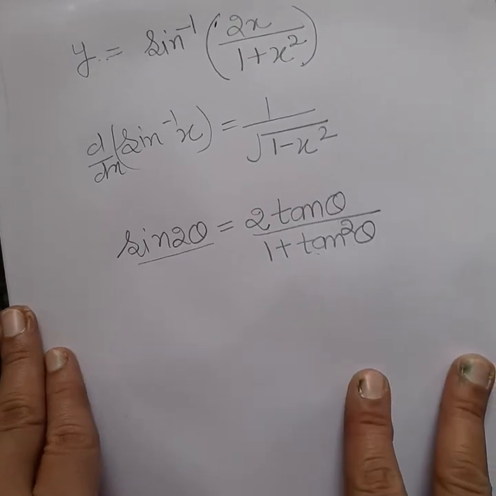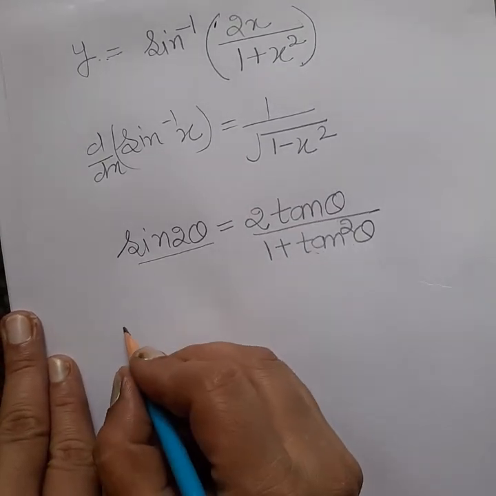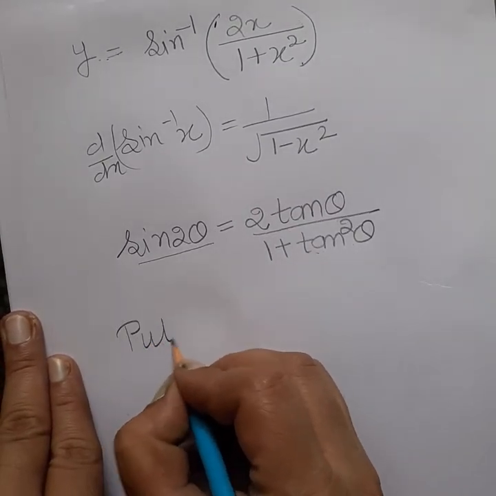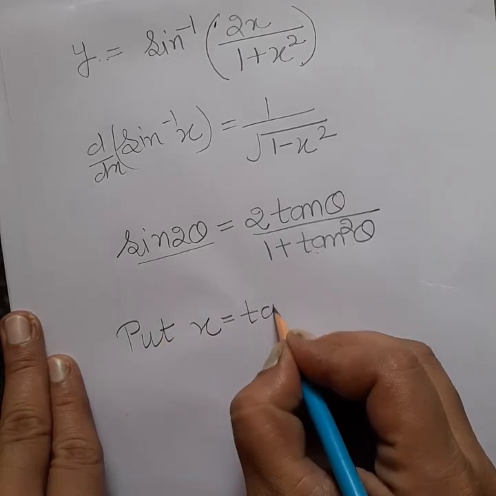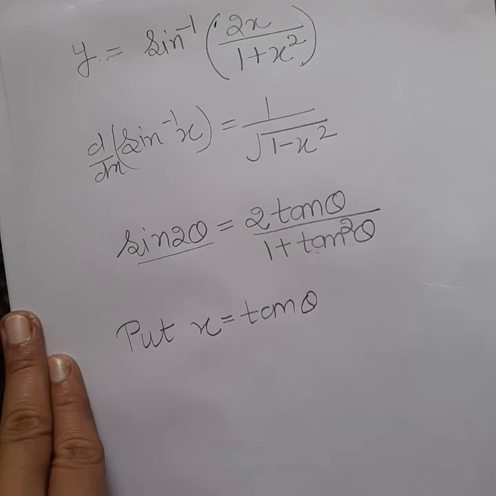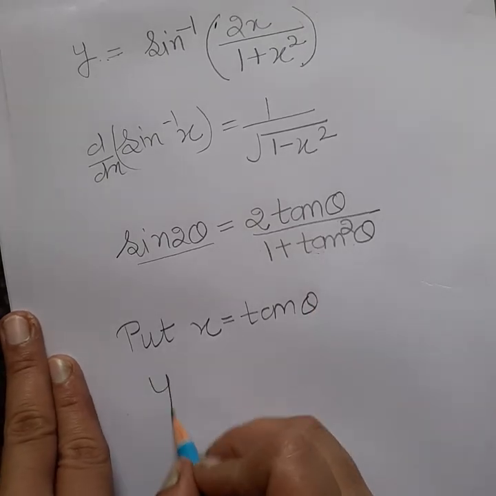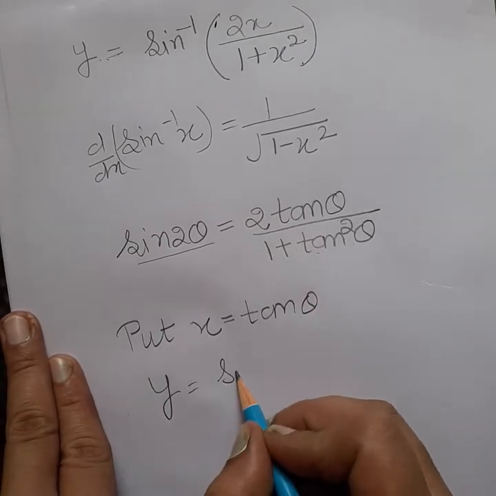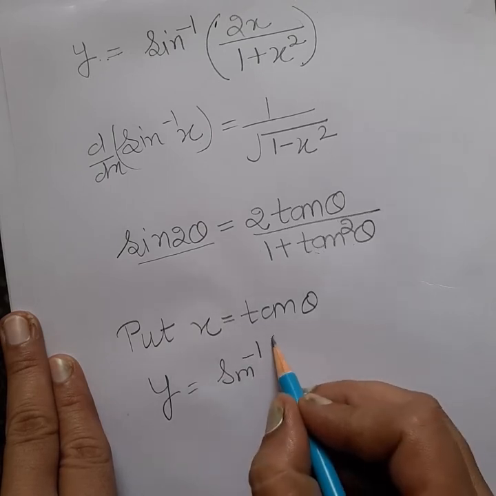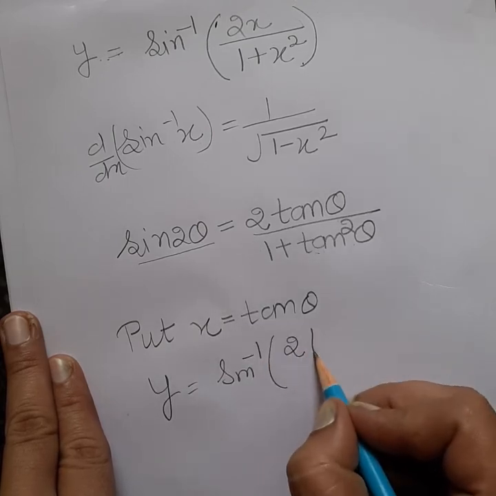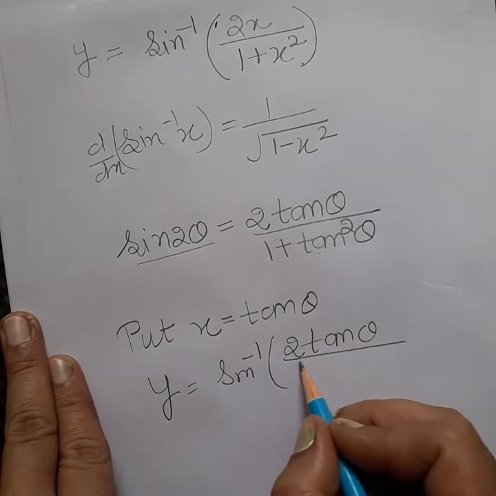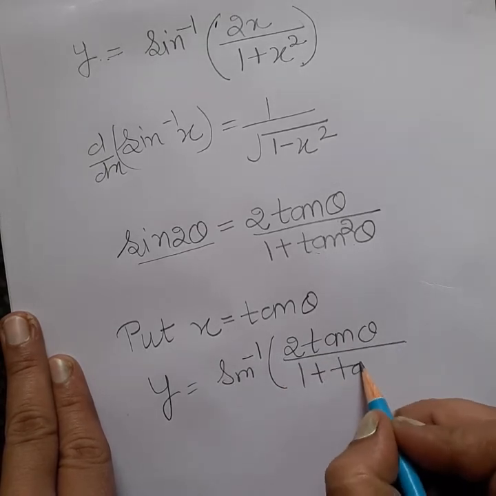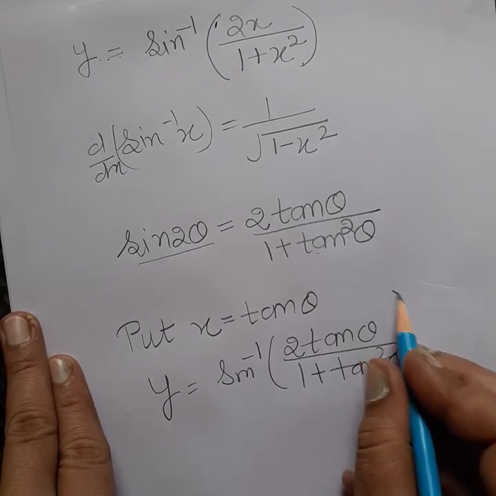So for starting your question, first of all you put x is equal to tan theta, and you write here y is equal to sine inverse of 2 tan theta upon 1 plus tan square theta.